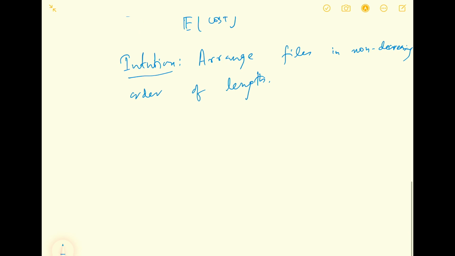Okay, so the algorithm is very simple: you simply sort the files according to length, and that's it. That seems to be the best permutation.